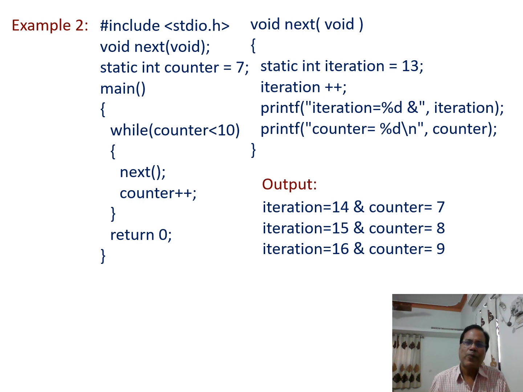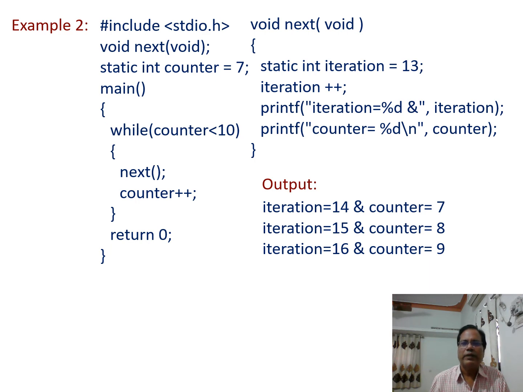Again, whether it is a global static variable or a local static variable, their previous value is retained. That's why we get output of this nature: iteration equal to 14 and counter equal to 7. Iteration is equal to 15 and counter equal to 8.